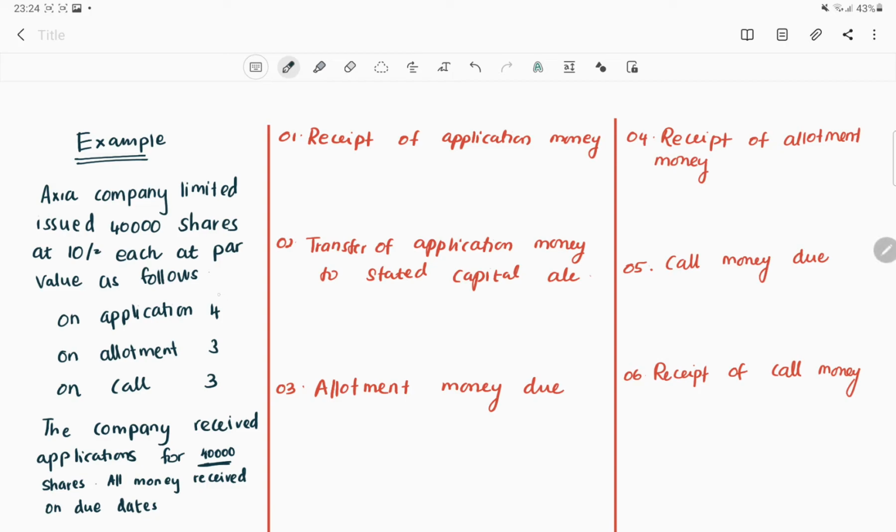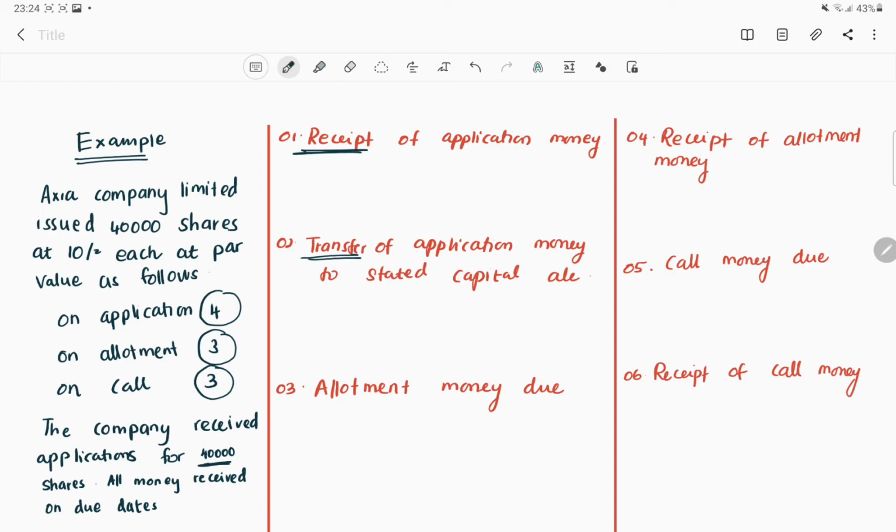So on application you are receiving 4 rupees, on allotment you are receiving 3 rupees, and on call you are receiving 3. For the application, there would be 2 entries: the first entry for the receipt of application money and the second one to transfer the money into the capital account.